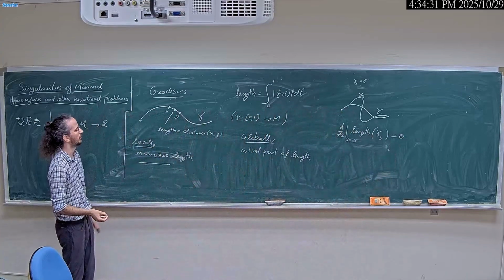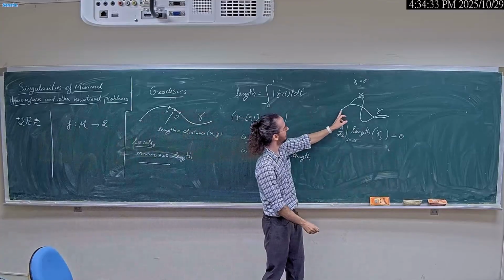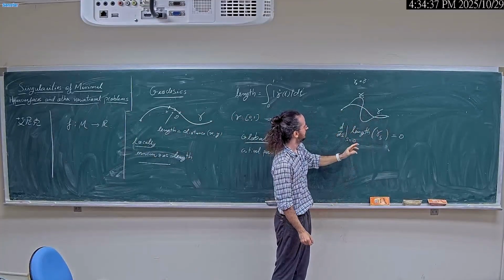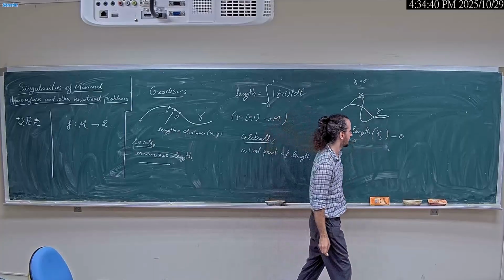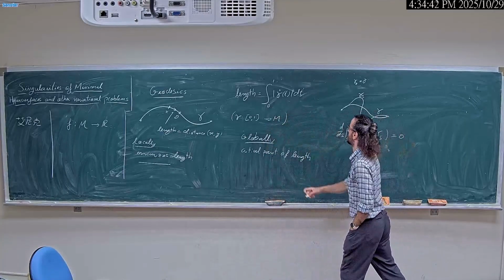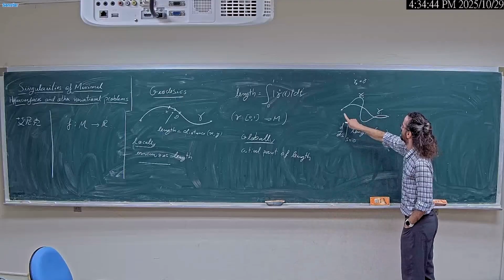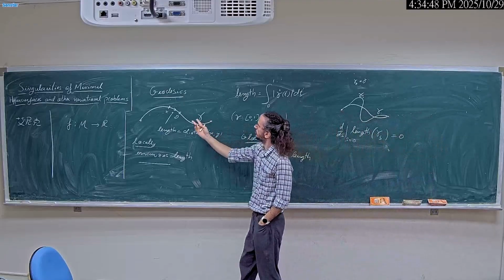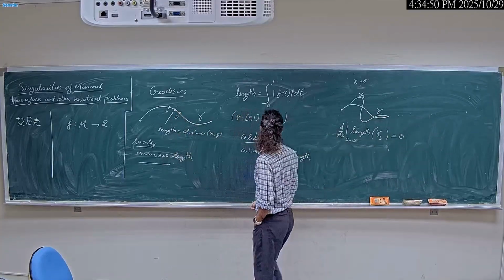Any variation with the endpoint fixed, then the first derivative is equal to 0. This is what it means to be a critical point of length. So globally, from initial point to end point, a critical point of length. Locally, if there are 2 points close together, it is a minimizer.